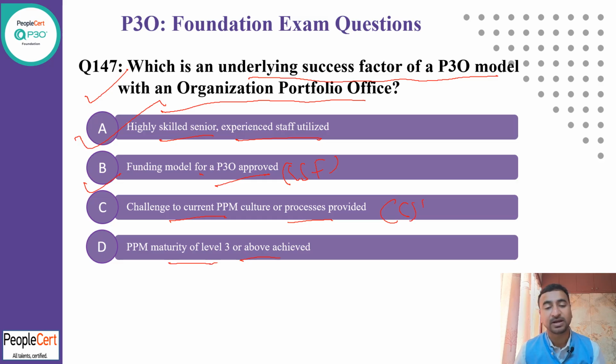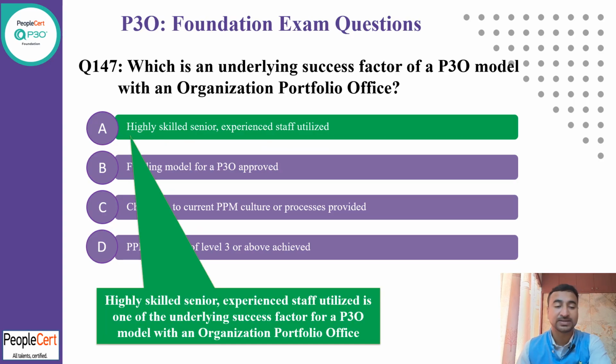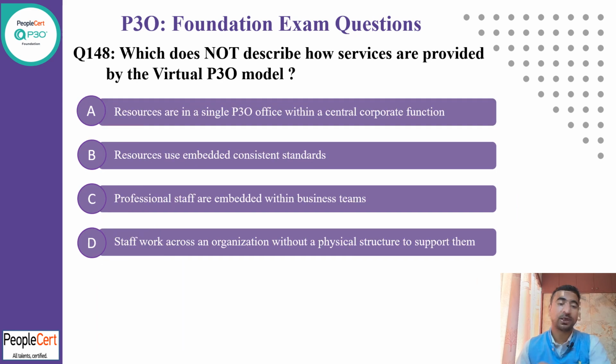PPM maturity level 3 and above to achieve, that is a vision statement that you want to achieve. But out of these, A is the critical success factor. Using this you can achieve all of those. Okay, so A is the correct answer. Highly skilled senior experienced staff utilization is one of the underlying critical success factors to achieve the success of the P3O.